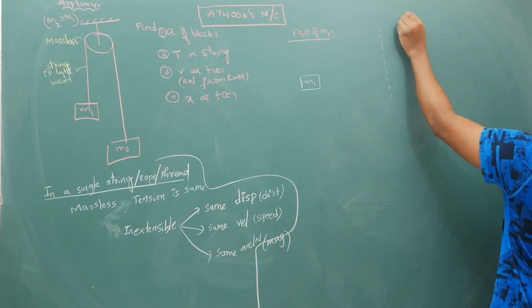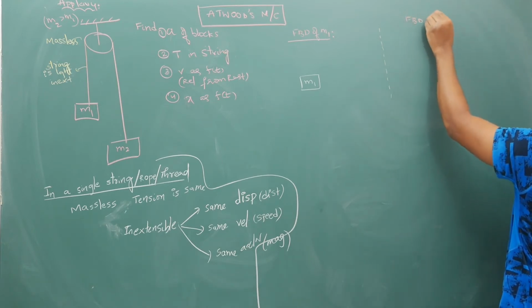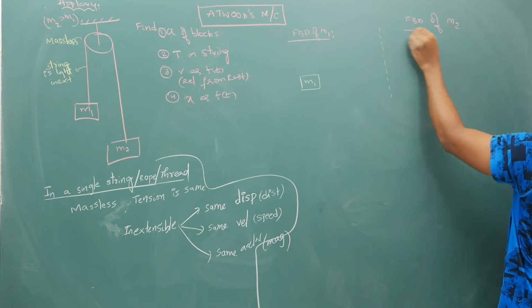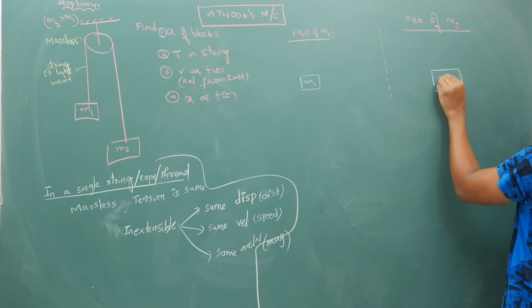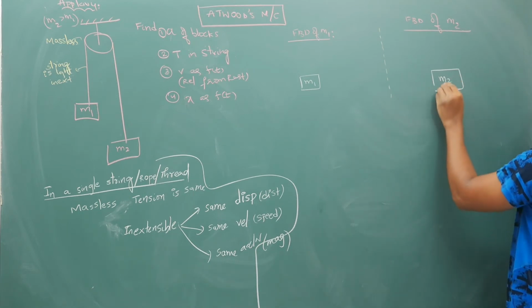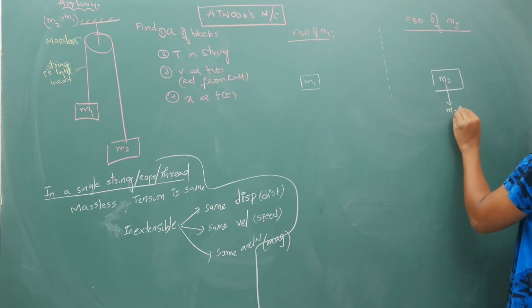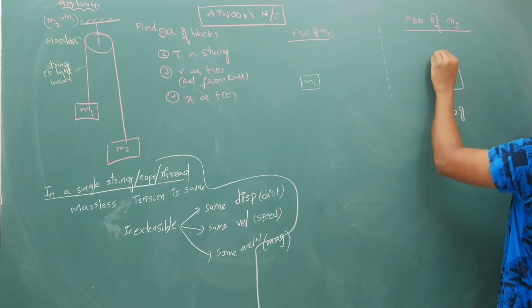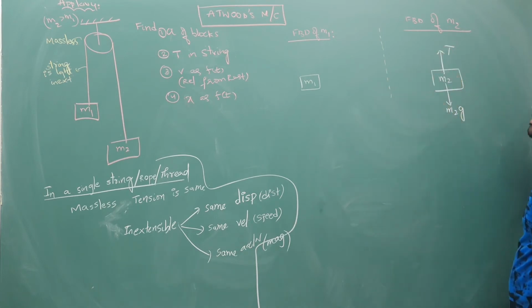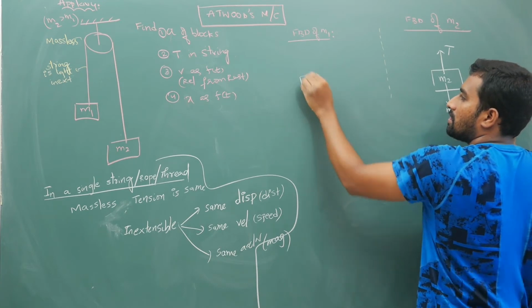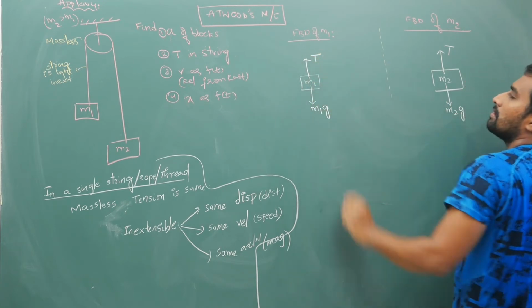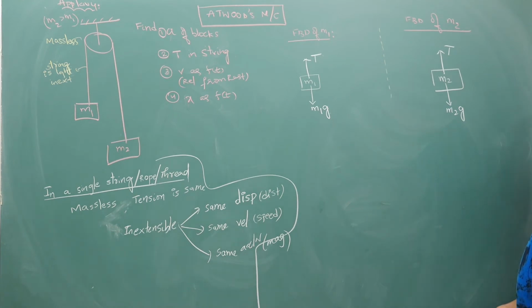Next, coming to your FBD of M2, so on M2, what is your direction? Okay, so your mass M2 will be M2 into G, your tension is T, your mass is M1 into G, your tension is T, because you have only one rope, one tension.